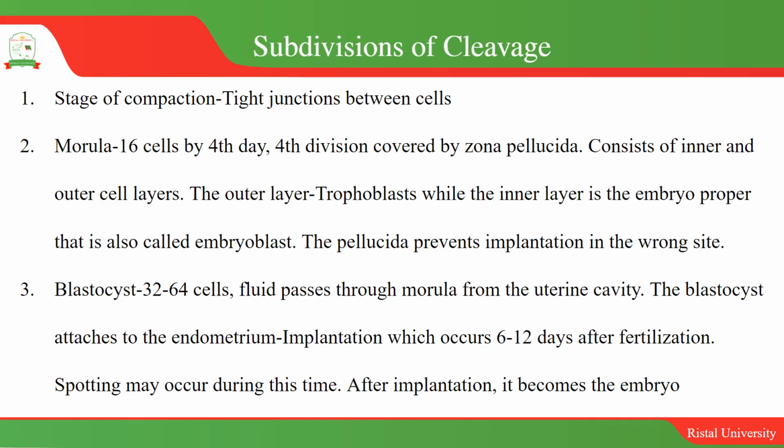Okay, so we also said that you will have more cell divisions happening to form what you call a blastocyst. And the blastocyst can consist of about 32 to 64 cells. That means this happens after several other cell divisions.